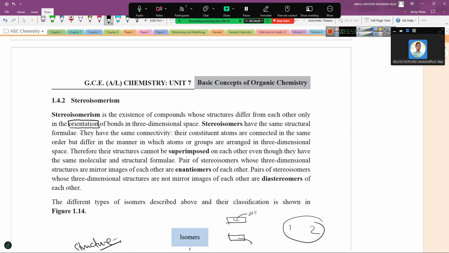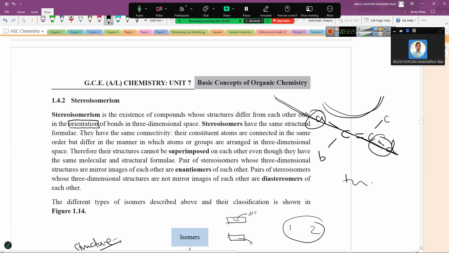Orientation of bonds means there should be a carbon-carbon double bond, like this: C double bond C, with A, B, C, and D. If A and D are the same and they are across, in the trans position, we call it trans. And if they are in the same orientation, we call it cis. So these are the two things.